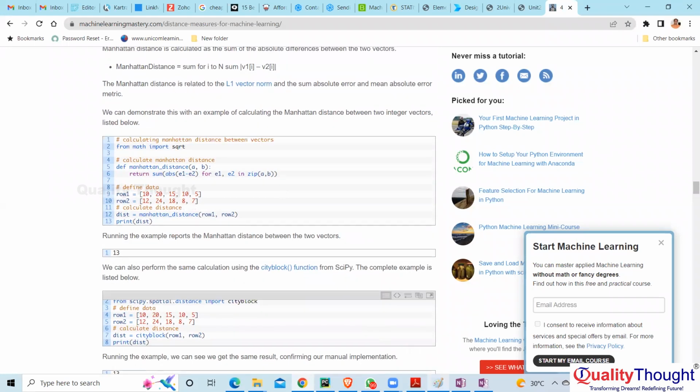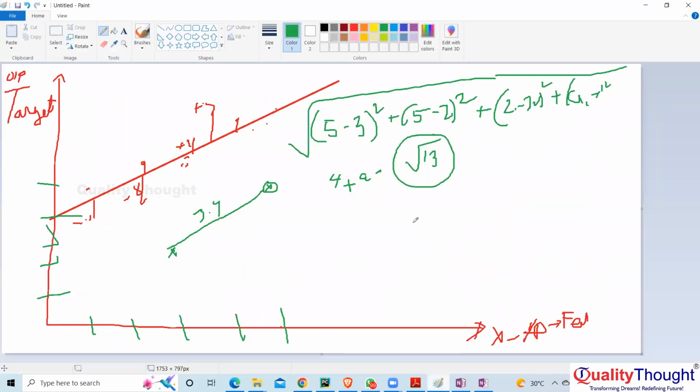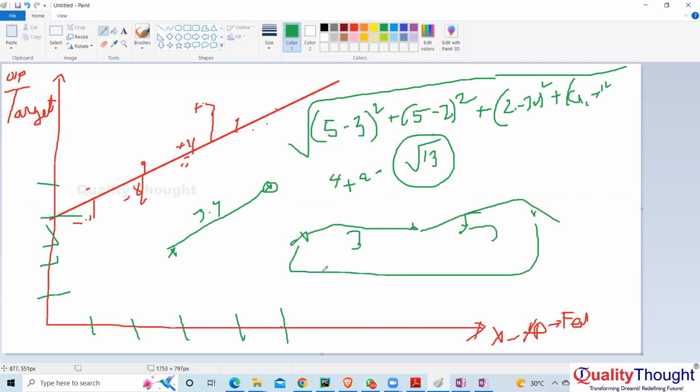So let's say a taxi is here, and one person is standing here, another person is standing here. This distance is 3. This distance is 5. It doesn't mean that the distance between these two will be 2, right?